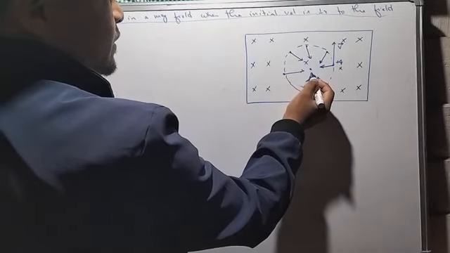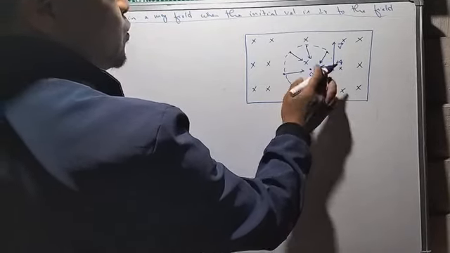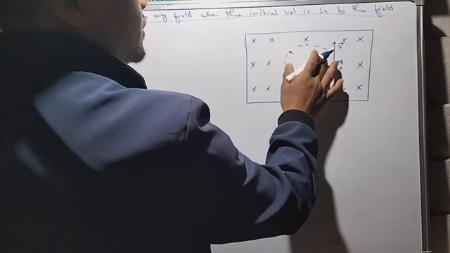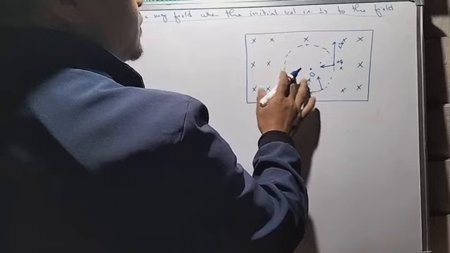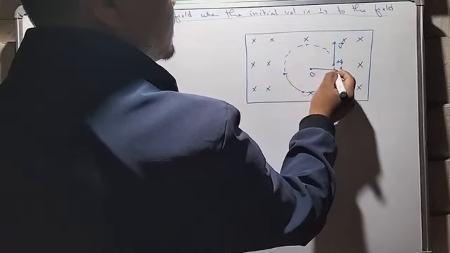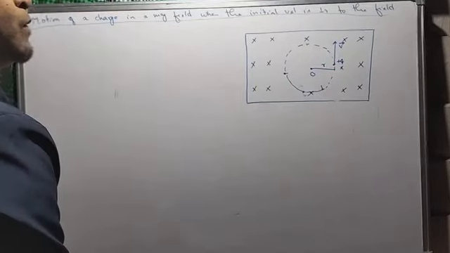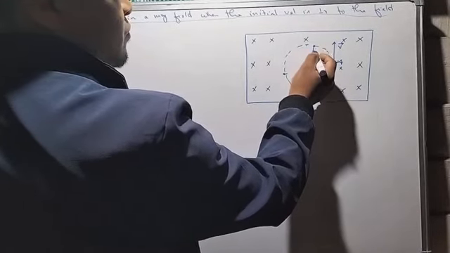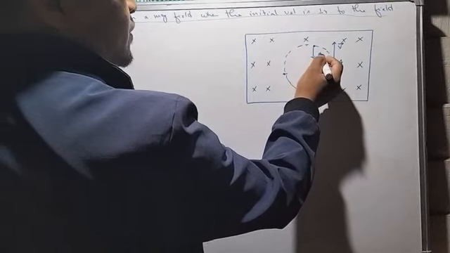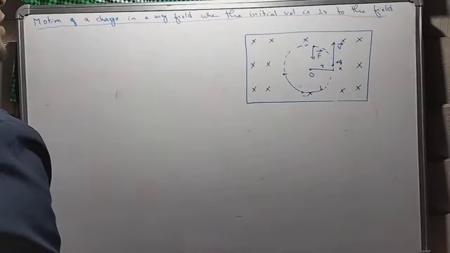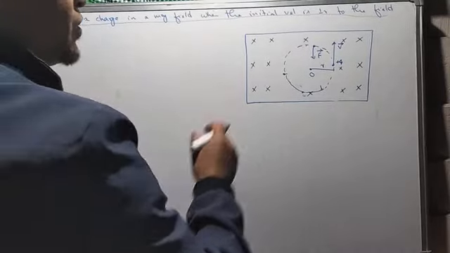Now this circle here, let's say it has a center O, and suppose the radius of the circle in this case is R. Please remember that a charge moving perpendicular to the magnetic field will experience a magnetic force towards the center of the circle, as shown here.